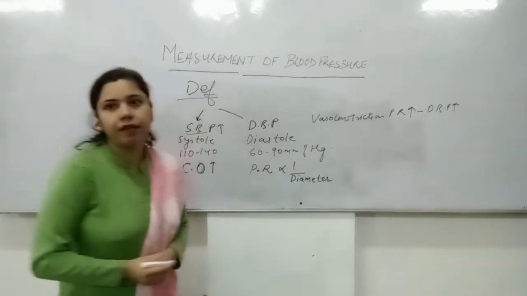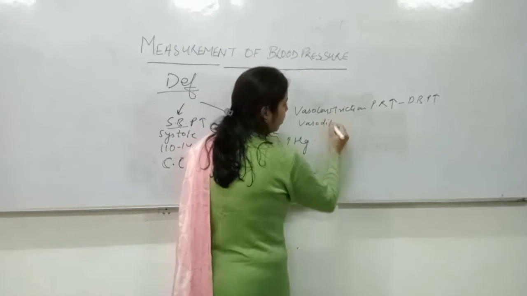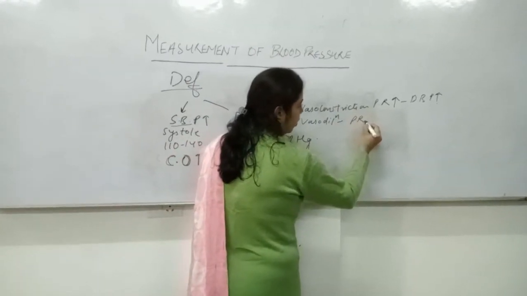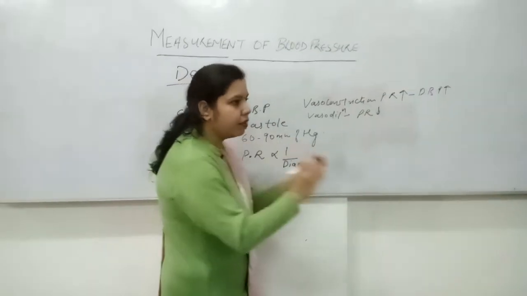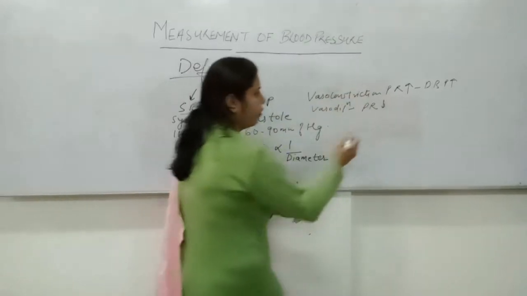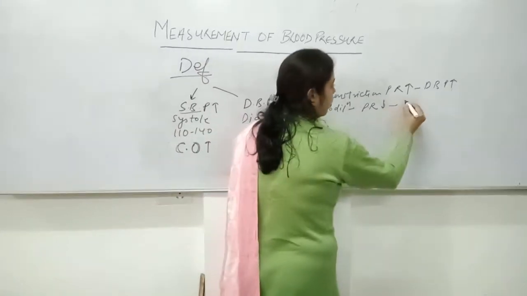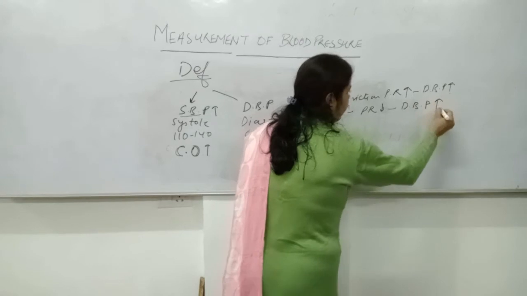The opposite is seen in summers. There is vasodilation in summers. So what happens? Definitely your peripheral resistance will decrease due to vasodilation. There will be easy flow of blood in comparison to vasoconstriction. Whenever peripheral resistance decreases, your diastolic blood pressure will fall.